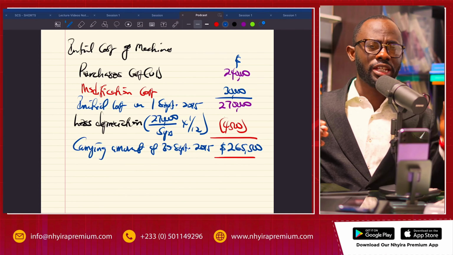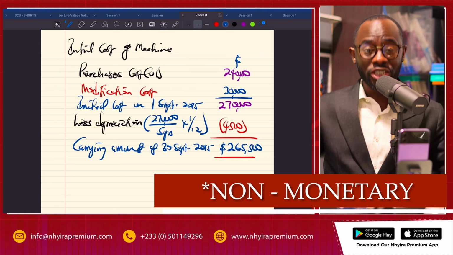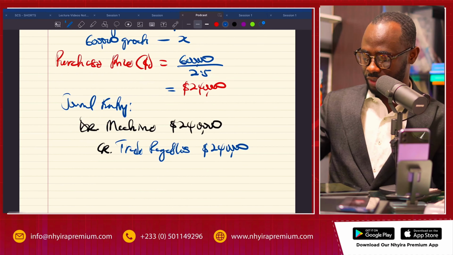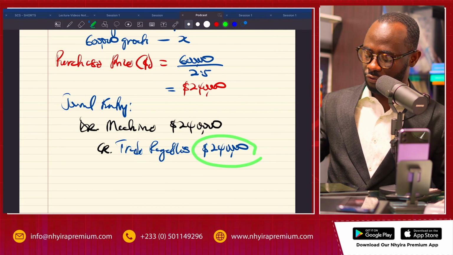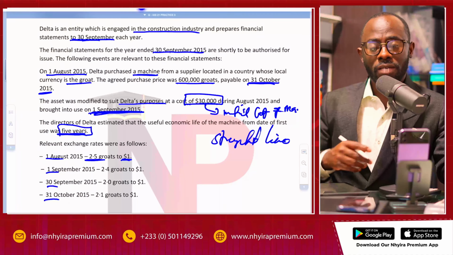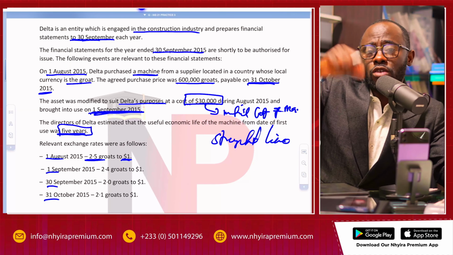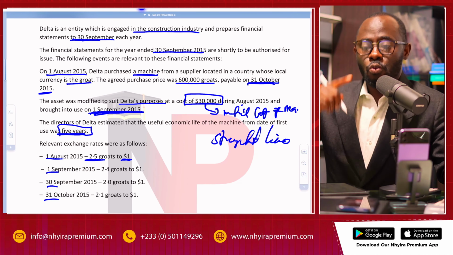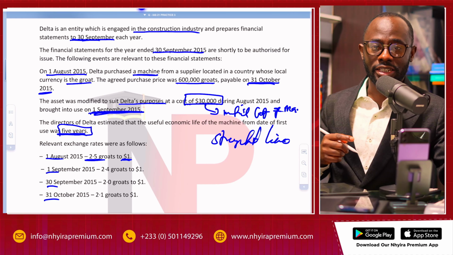But again, we are not done. This is the non-monetary item, the machine. How about the trade payables? The trade payable of 240,000. At the reporting date of 30th September, they've not paid the money because they said they will pay it on 31st of October, 1 month after the year end, isn't it?